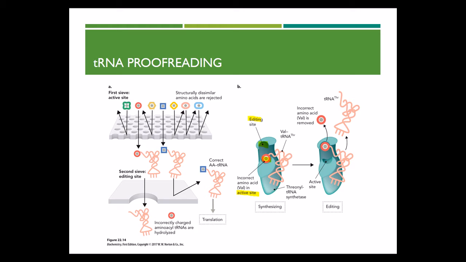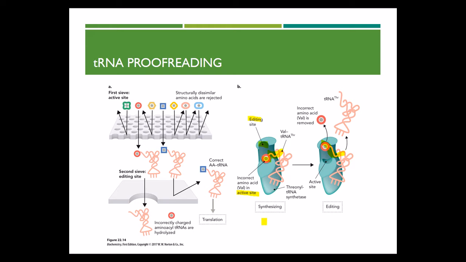The mechanism that occurs is that the CCA arm of the transfer RNA, represented right here, will swing the amino acid portion into the editing site, where the incorrect amino acid is removed through hydrolysis.